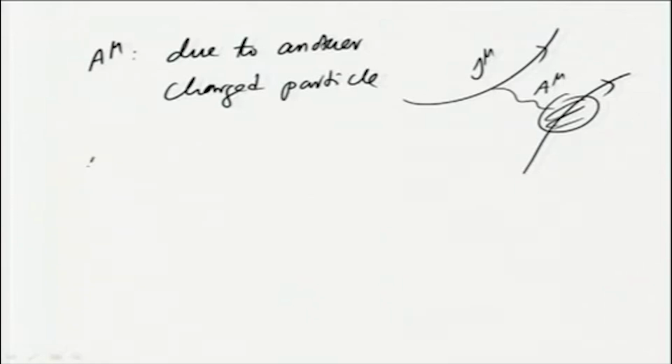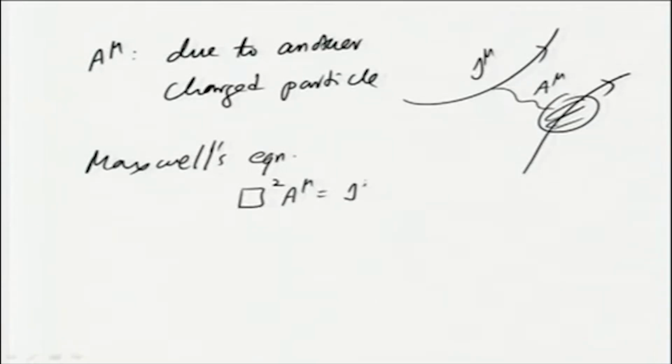Therefore, Maxwell's equation will tell you that box square A_mu equals j_mu, where this j_mu is not the earlier current, but the second current, due to which the first current, or the first particle, sees an electromagnetic field A_mu.